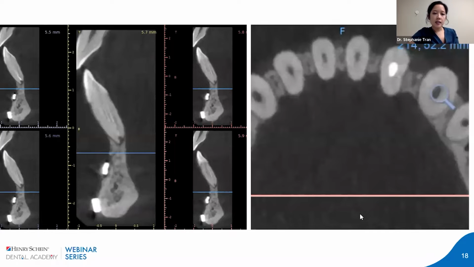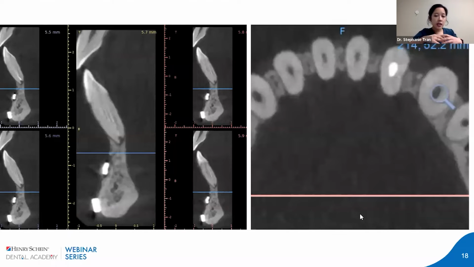When we're looking at CBCTs, a lot of times there's a misunderstanding of how to evaluate and read the CT. There's a big difference in endodontic interpretation of CBCTs in how we flip through or scan through each of the images.